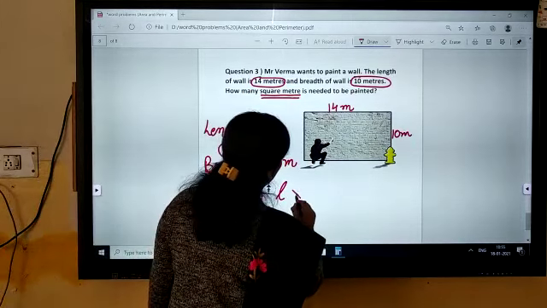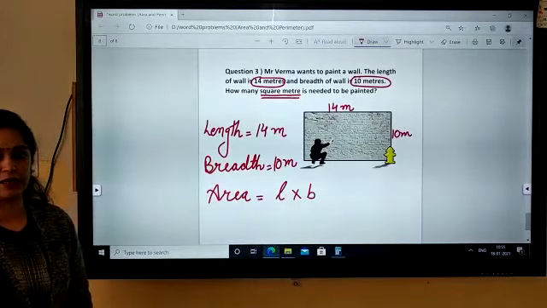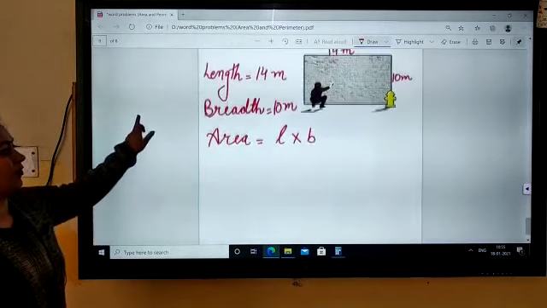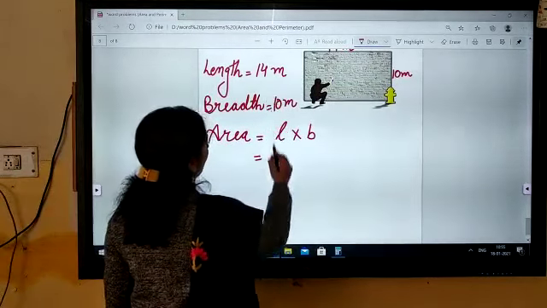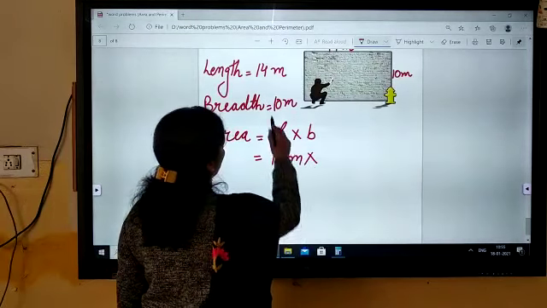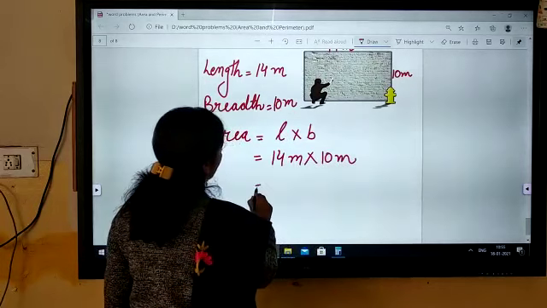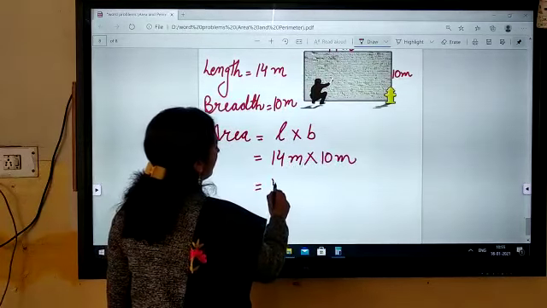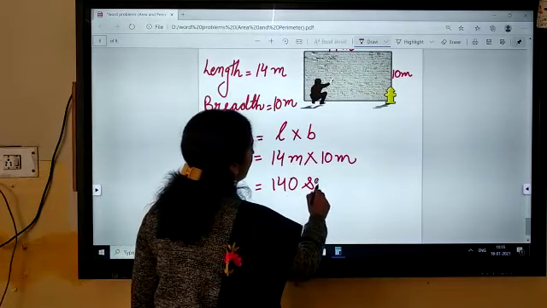Area of rectangular shape will be equal to length into breadth. Now we will put the values in this formula. 14 meters into 10 meters is equal to 140 square meters.